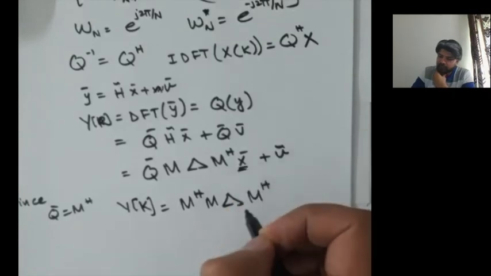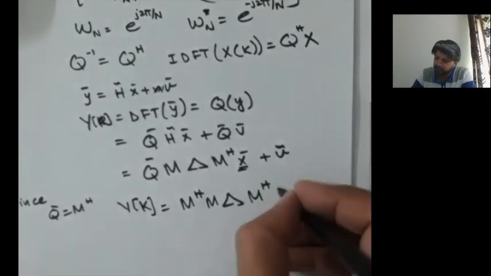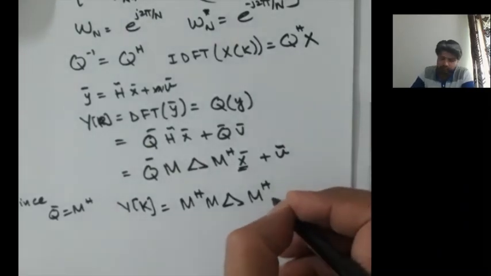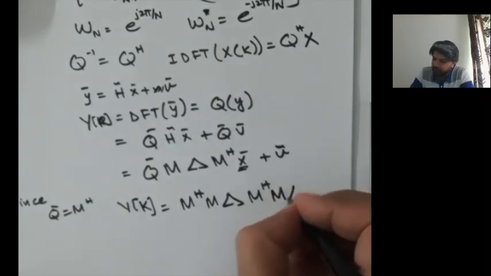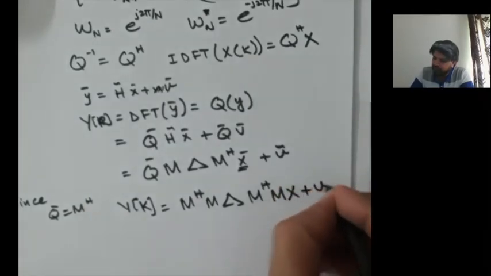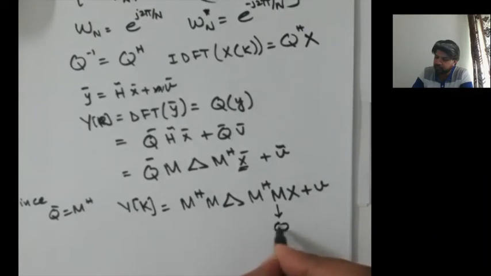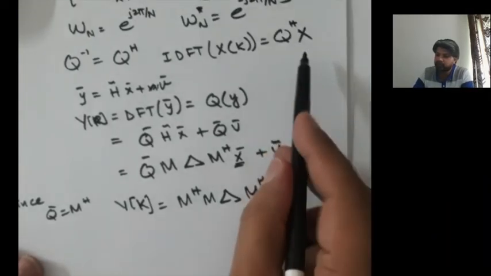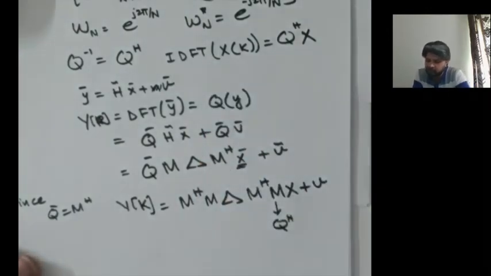You can think of this as an inverse Fourier transform of the capital X. So you can think of it as capital M times X plus V, where capital M would be equal to Q Hermitian. So this capital M is equal to Q Hermitian, and Q Hermitian times capital X gives you nothing but your inverse discrete Fourier transform.